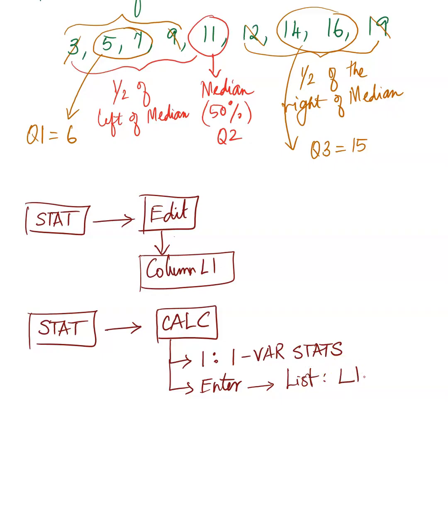So enter there as L1. Again, L1 is entered by using second and the first button. Then you have the frequency list. Hit enter again. It takes you to the frequency list. Leave it blank. Then you see the word Calculate. It's now highlighting on that. It blinks on Calculate. Hit enter again.